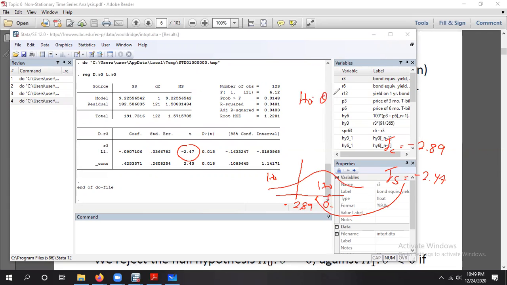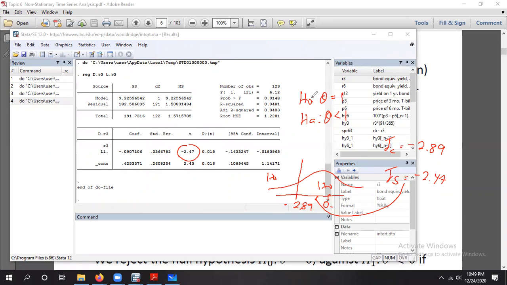Based on this hypothesis, where the coefficient equals 1 under H0 and is less than 1 under HA, we can see that H0 fails to reject.